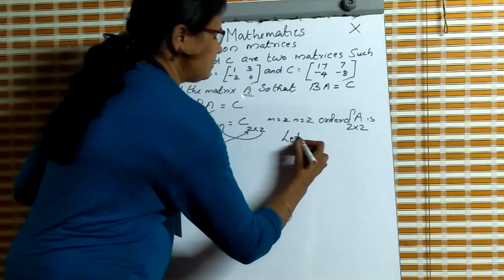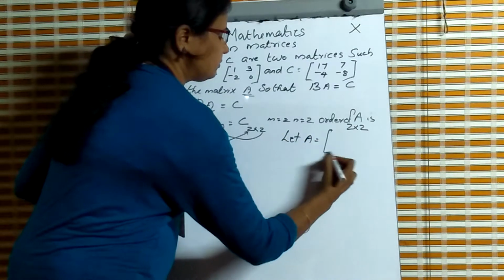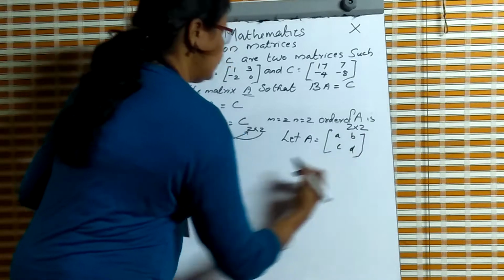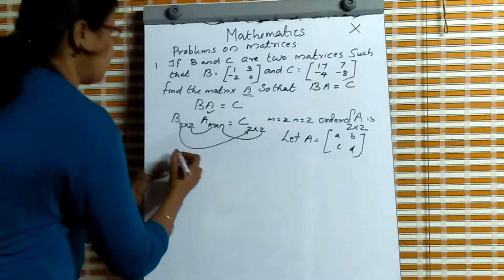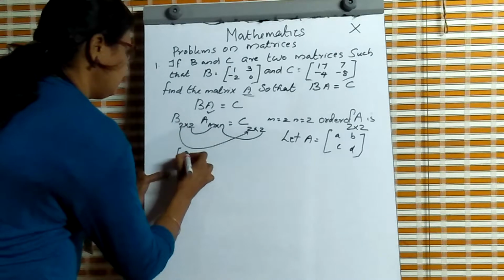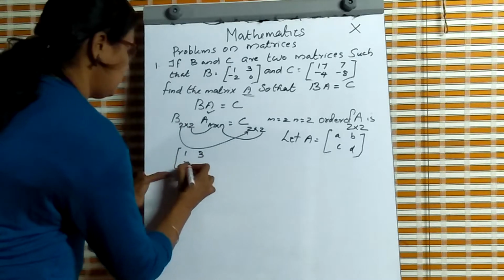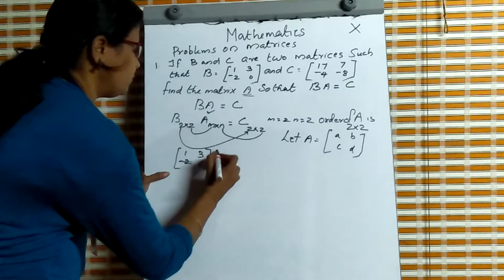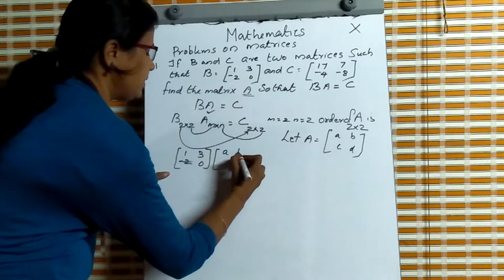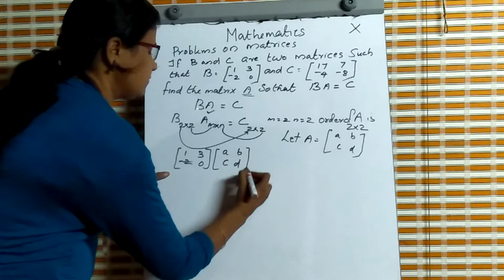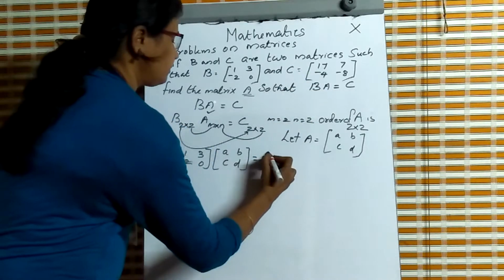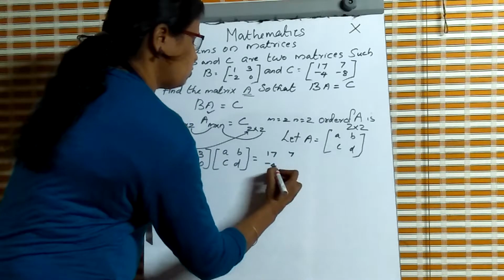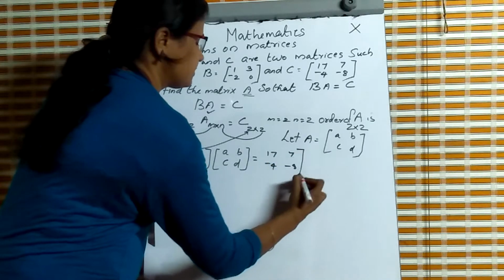Let A be the matrix [a b; c d]. Then write the condition BA = C: [1 3; -2 0] times [a b; c d] is equal to [17 7; -4 -8].